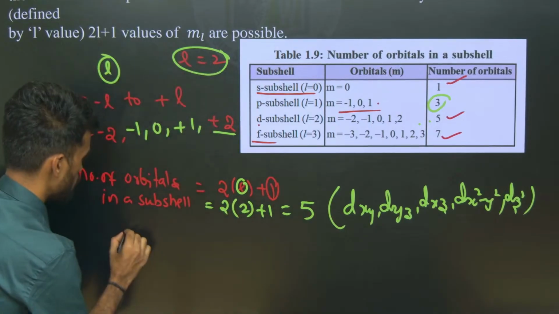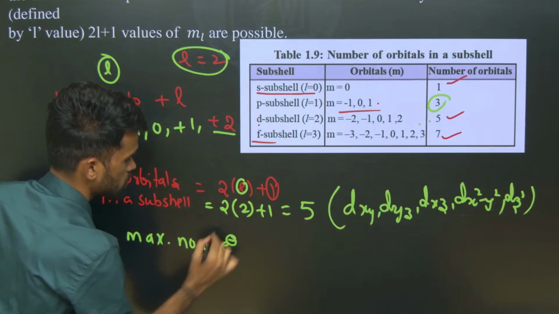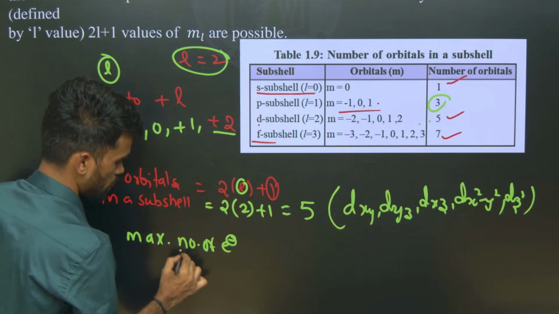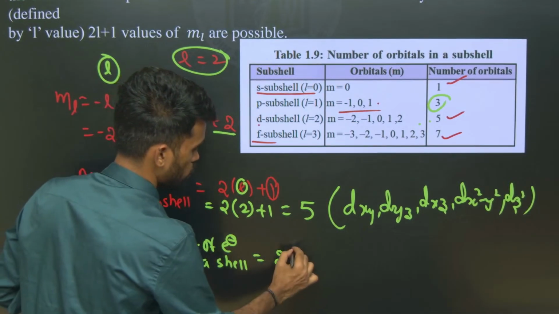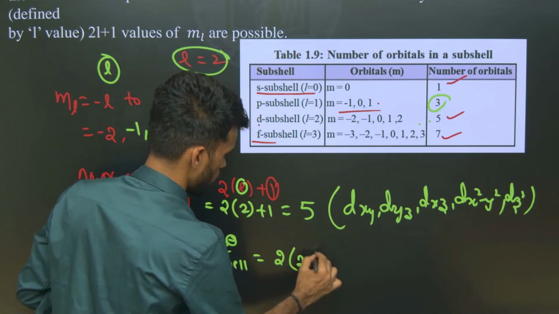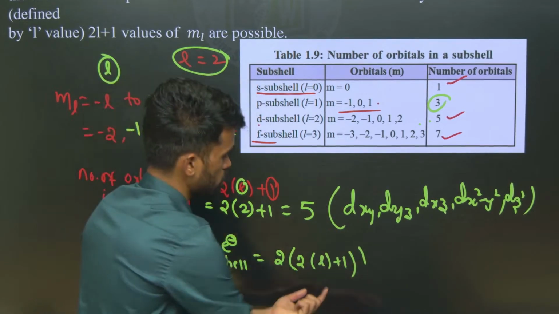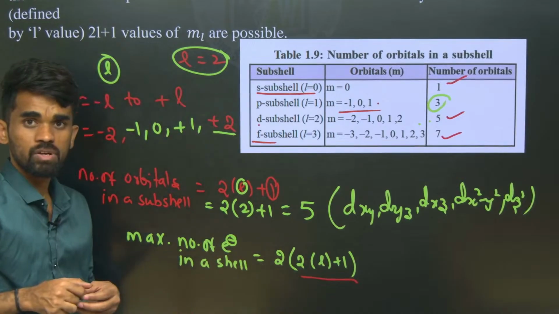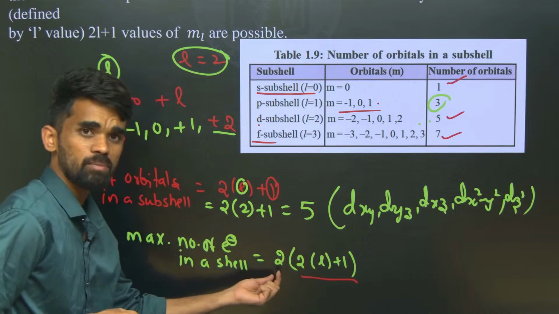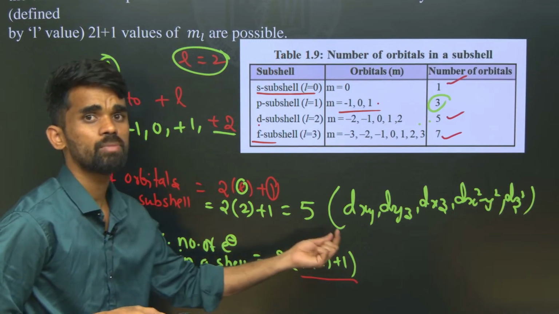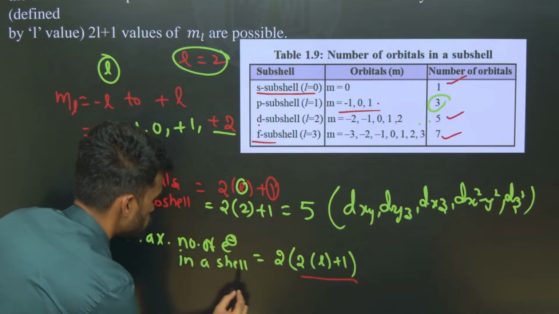Therefore, the maximum number of electrons in a subshell is 2 into (2l plus 1), because this number gives the number of orbitals in a subshell, and multiplying by 2 accounts for 2 electrons per orbital.